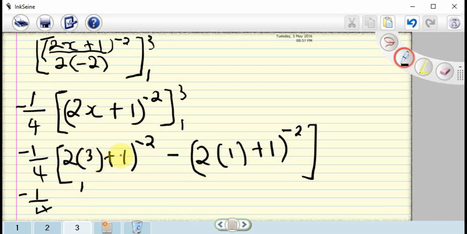So 2 times 3 is 6, plus 1 is 7. So 7 to the negative 2 would be 1 over 7 squared, which is 1 over 49. And then the lower limit gives 3, so that's 1 over 3 squared, which would be 1 over 9.